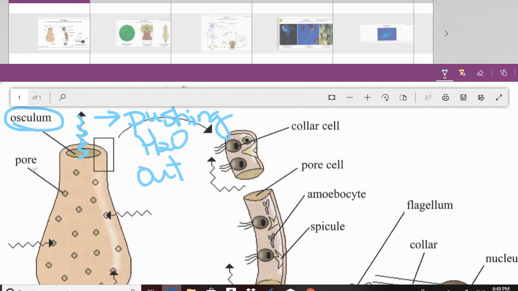Okay, so those are the three. There are others, and we'll talk about some of these others in just a moment. But of the three main structures, I want you to know the pore cells, collar cells, and the osculum. Okay.